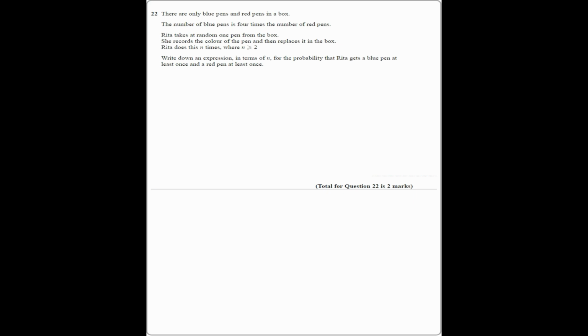P of blue. As it is given that the number of blue pens is 4 times the number of red pens, suppose the number of red pens is 1.